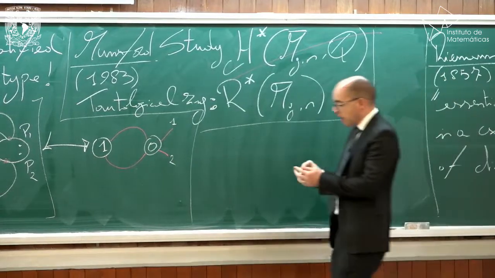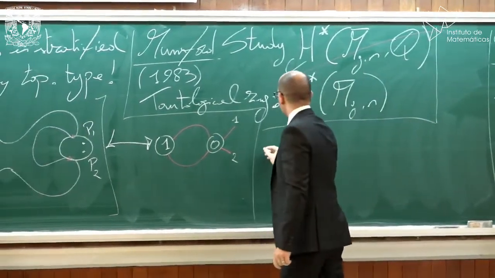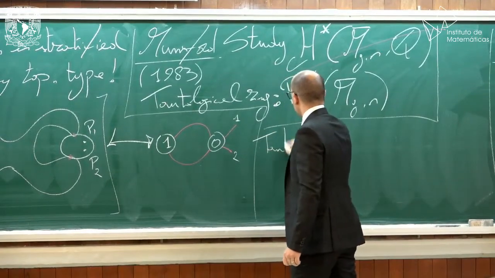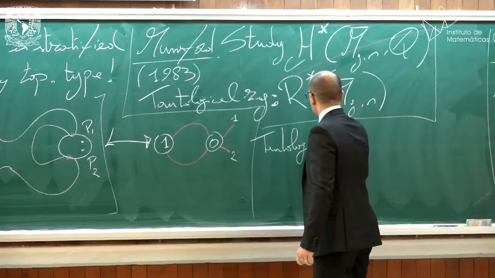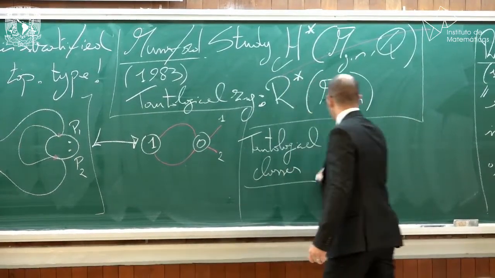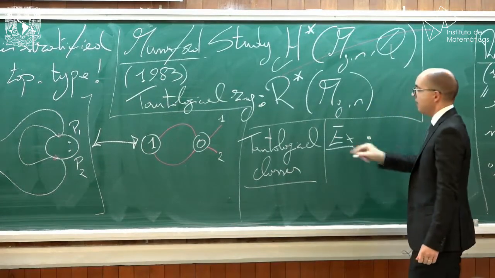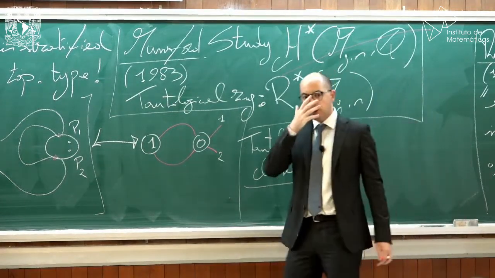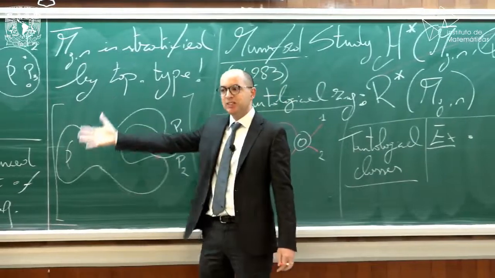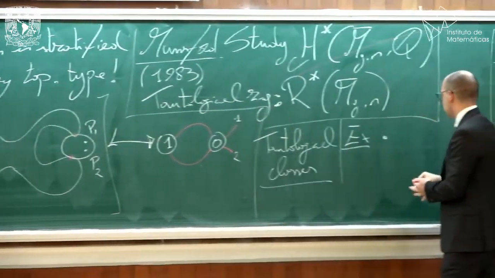So let me show you how a generator like this works. So let's think about tautological classes. Examples. There are two types of examples that we have. One that we have already seen. You can look at the cohomology class of the boundary strata. And I will call these boundary classes.